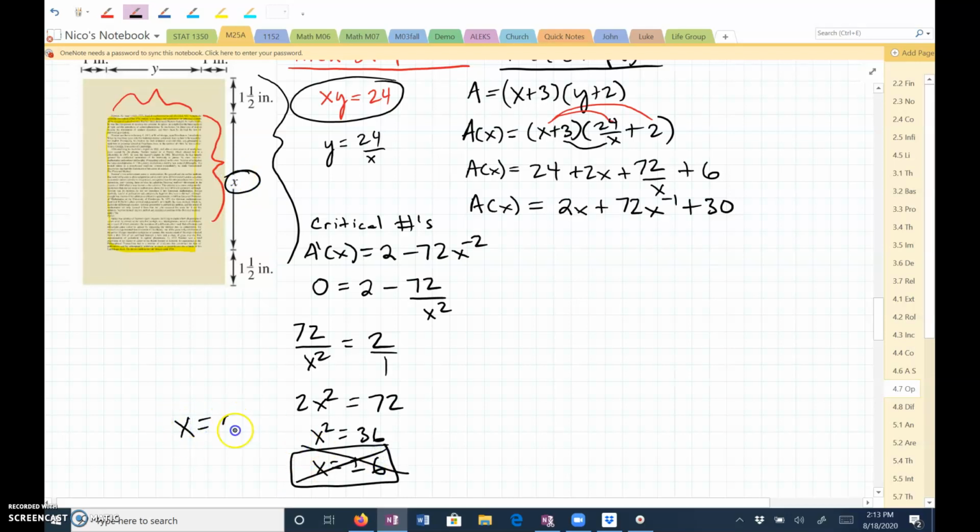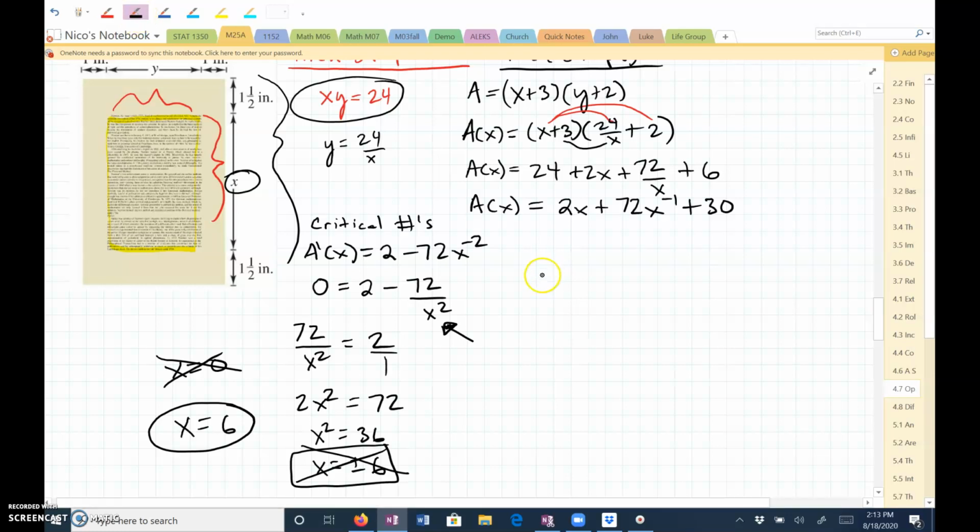So we are going to try x equals 6. Also, does it make sense when x would be 0? That would make this derivative not exist. But 0 doesn't make sense. There's got to be some positive value here, so we're going to throw that out.